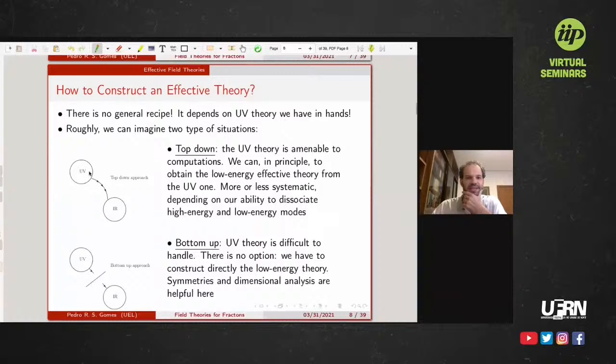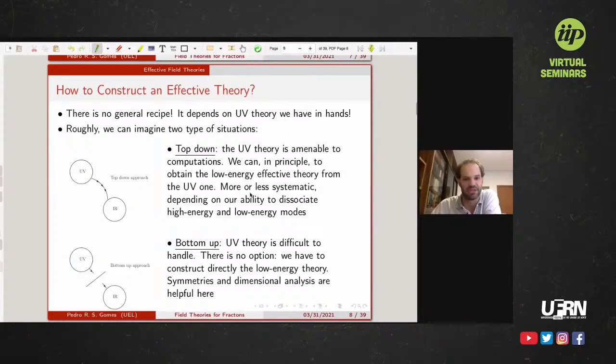In this case, we start with a UV theory, and this UV theory is amenable to computations. This is frequently the case when the UV theory is perturbative or even exactly solvable. Okay, so in this case, we can, in principle, obtain the low energy effective field theory from the UV one in a straightforward way. I will make this more precise in the next slide.